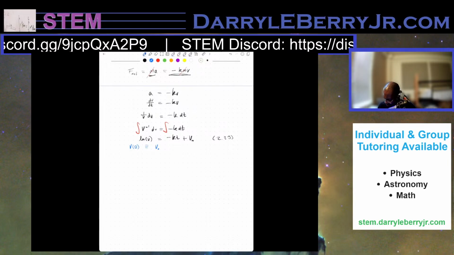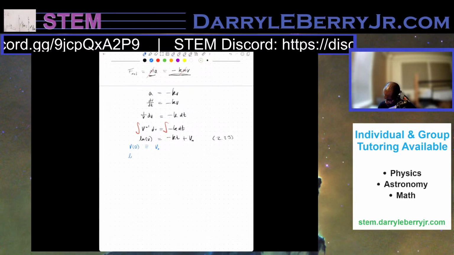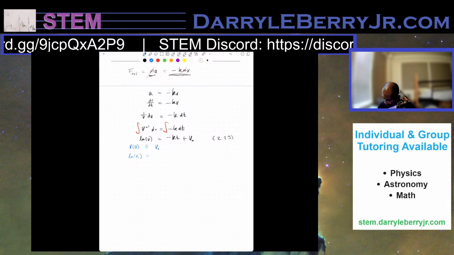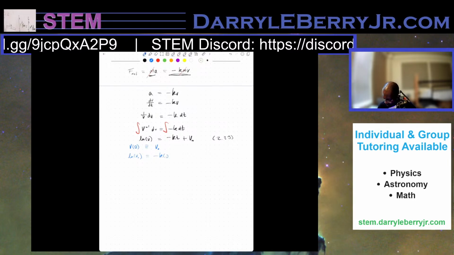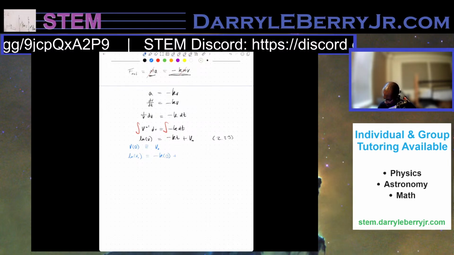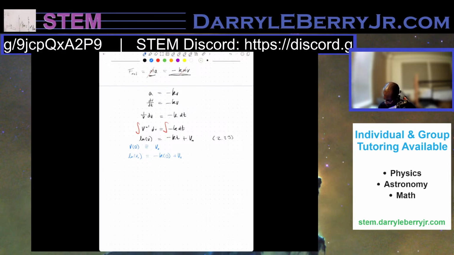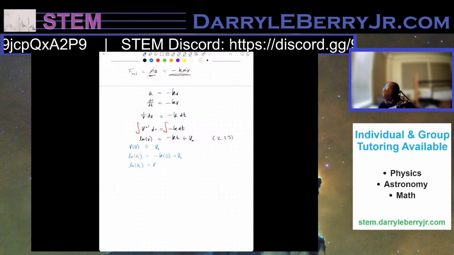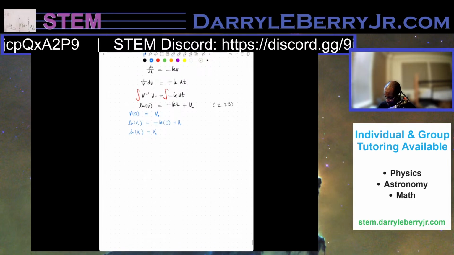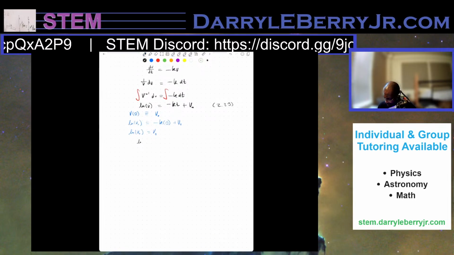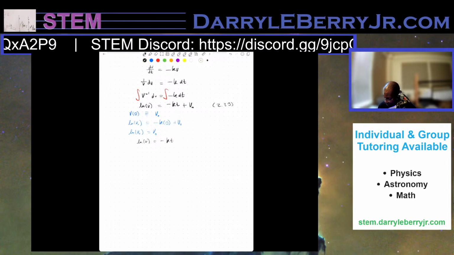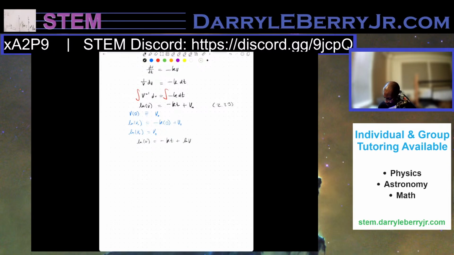That means that ln v naught equals negative k at 0 plus the constant. So the constant is ln v naught. So that means that ln v equals negative kt plus ln v naught.